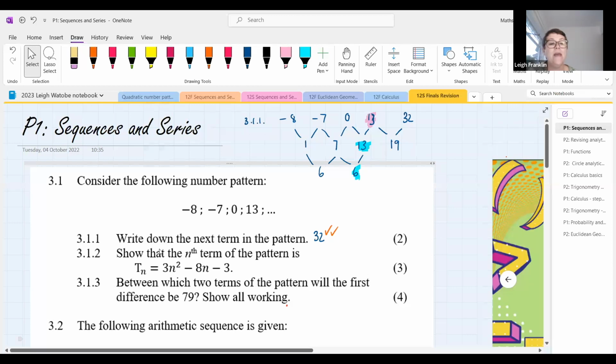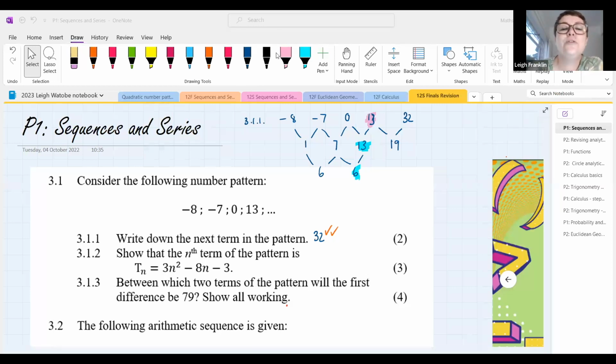Now when they say show that the nth term of the pattern is this, the words show that mean what, Matrix? While they're busy answering that, I was just wondering, would they get penalized if they answered 3.1.1 by using 3.1.2? No, not necessarily, but you actually don't need the answer from 3.1.1 to do the answer for 3.1.2.